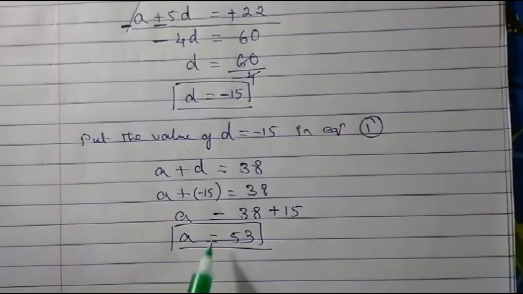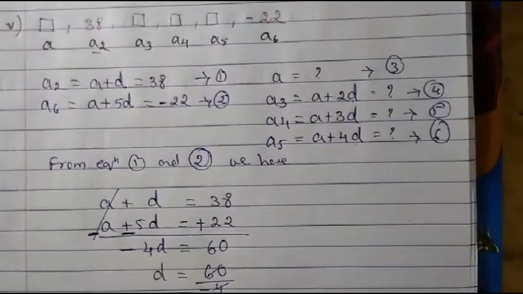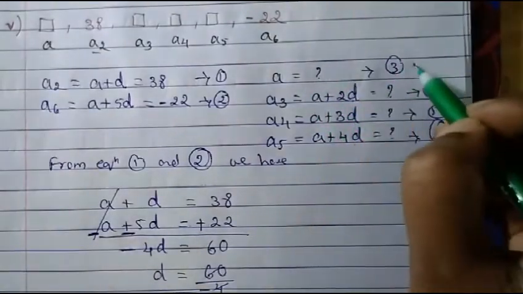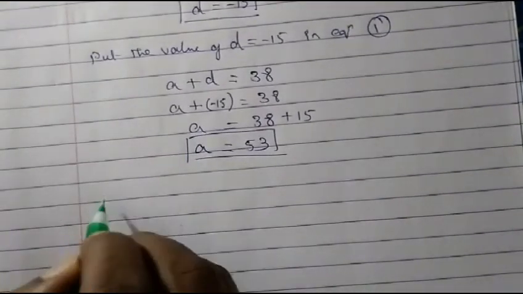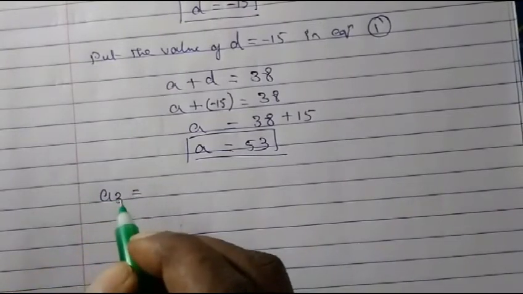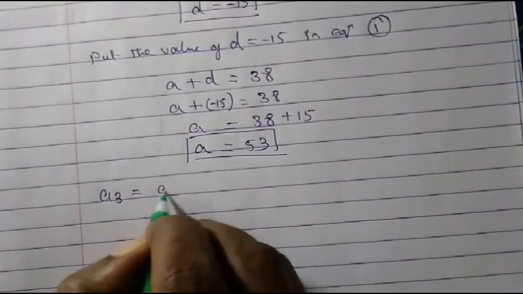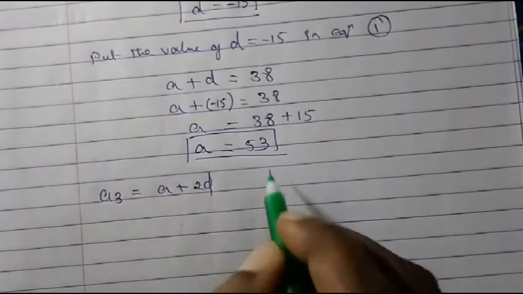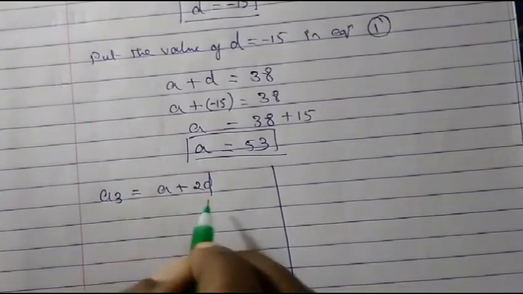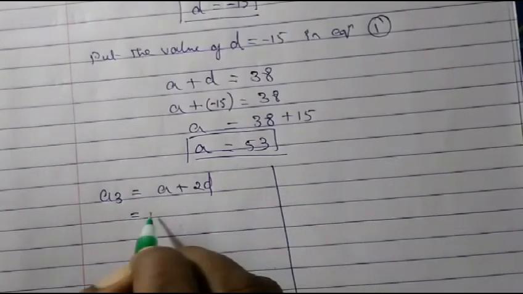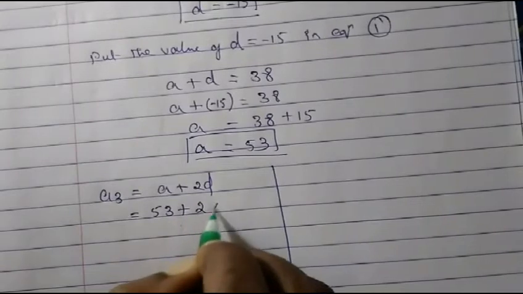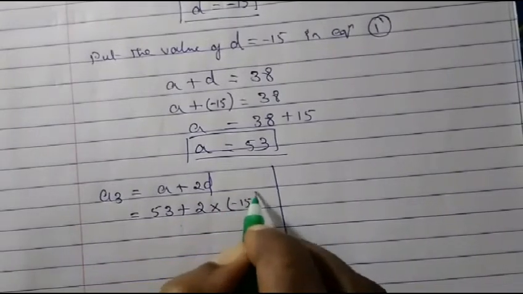So now we know the A value, we know the D value. So let's place it. A is 53. Now the remaining we have to find out. That is A3. A3 is A plus 2D. So A we know that is 53. 2 into D we know that is minus 15.